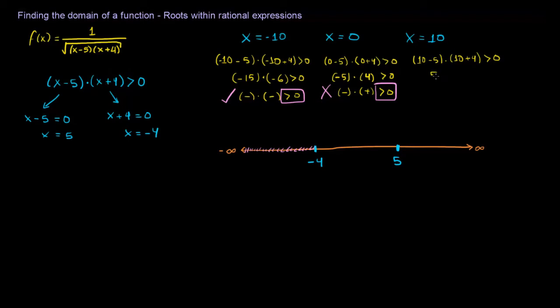Now we got a positive 5 times a positive 14. Here we have a positive number times a positive number, and in this case this will obviously be greater than 0, so we include this interval here.